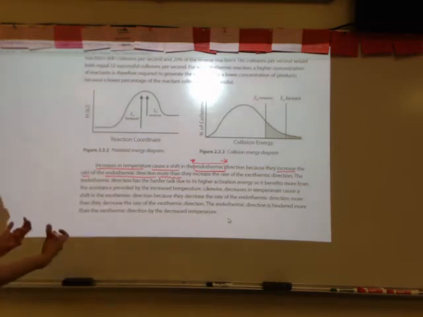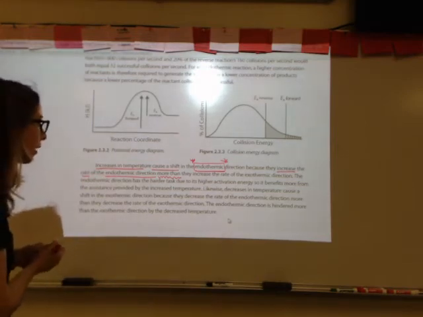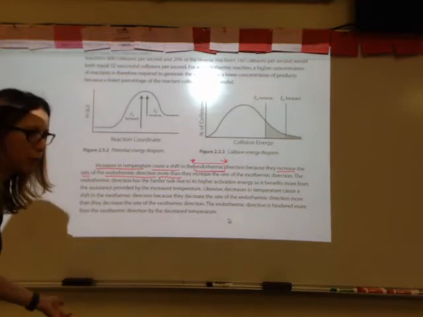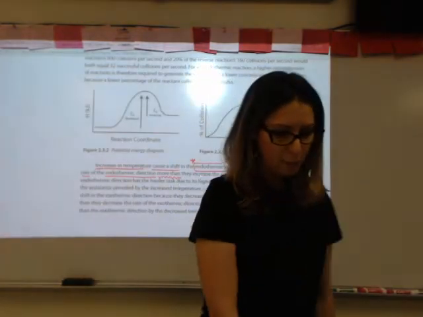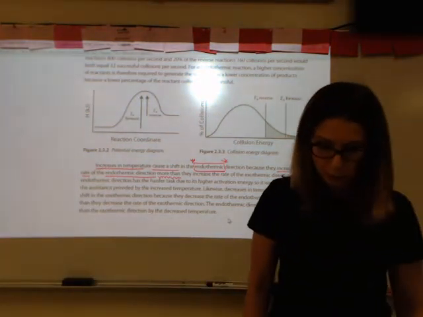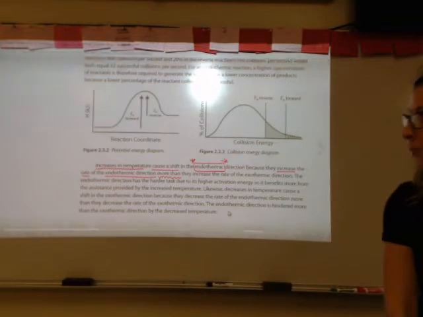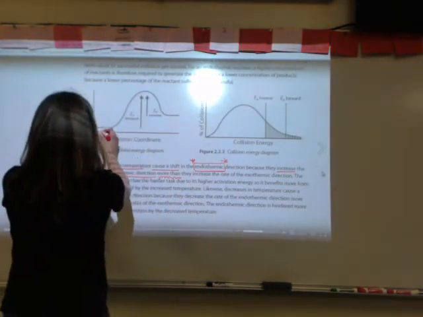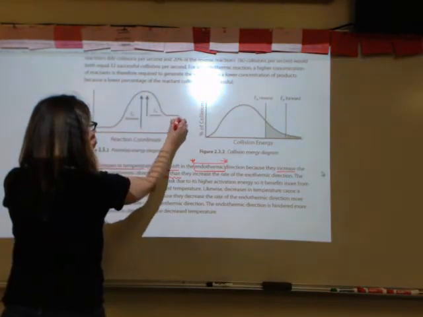The endothermic direction has a much harder time because of its activation energy, so it obviously benefits from an increase in temperature more so than if it was exothermic, okay? So in equilibrium's endothermic direction, so in this case, I'm moving here in this forward direction.